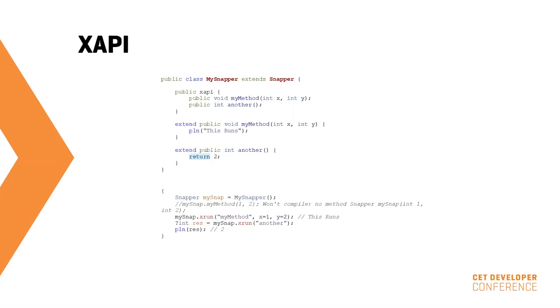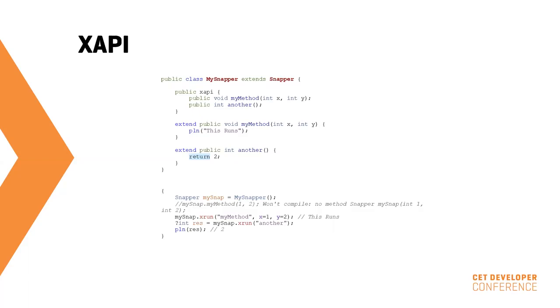You can see that I am making my snapper, but I'm actually making it a snapper, so I don't know that it's a my snapper. If I try to access my method, I would need to cast my snap to a my snapper before I can access my method or another.